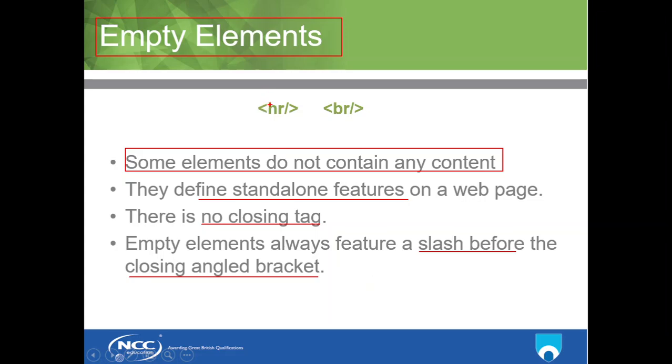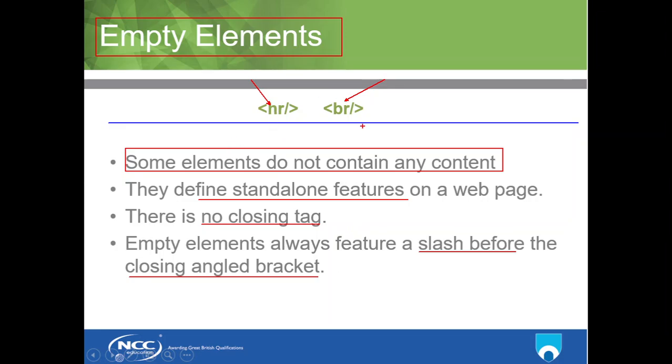Now here we have two examples, HR and BR. Normally HR is an element that is used to draw a horizontal line. So you're just going to draw a horizontal line like this, for example. If you use it, it's going to do that. That's what HR does, horizontal line.